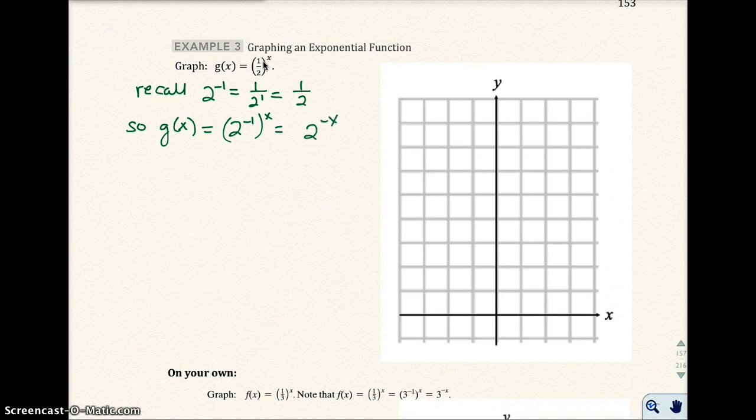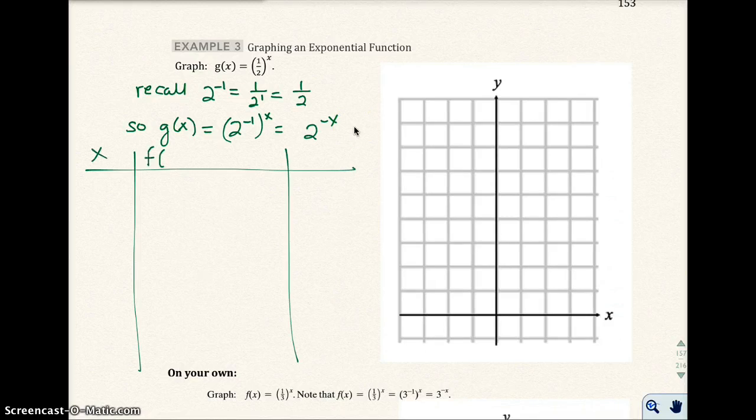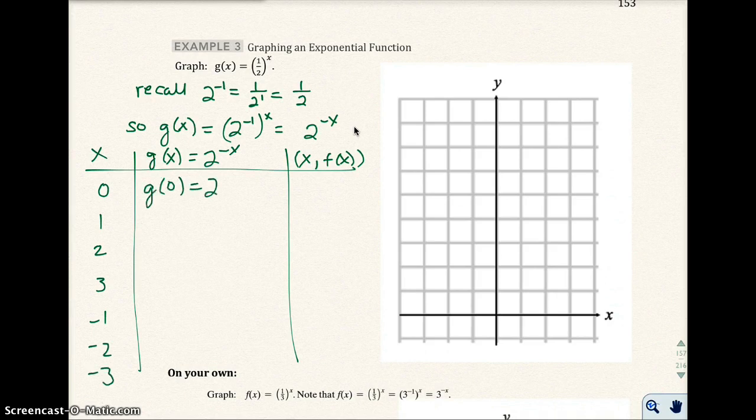Okay. It's a little bit easier for me to do it this way, especially if I don't have a calculator. I'm going to make a table. g of x. Zero, 1, 2, 3, negative 1, negative 2, negative 3. Okay, 2 to the negative 1, which is 1 over 2 to the 1, which equals 1 half.